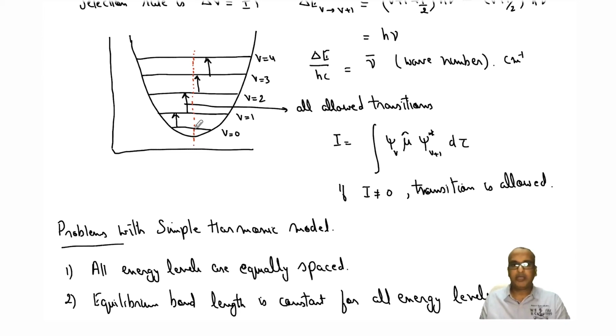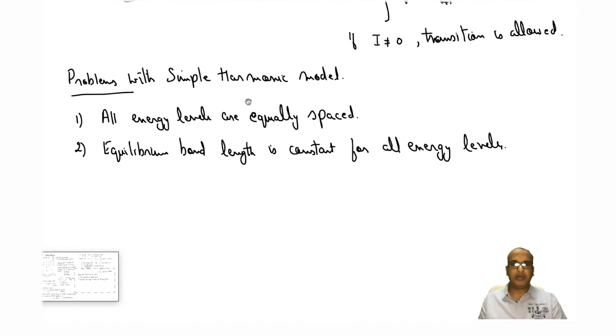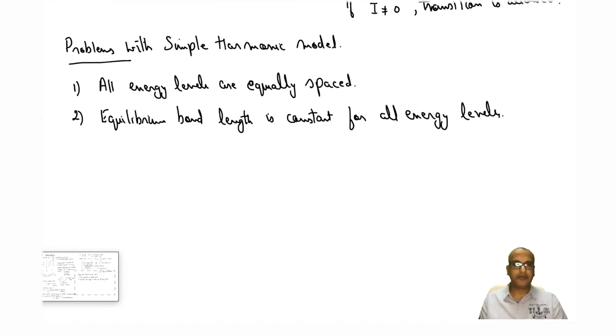At v equal to 0, or at a particular stretched state of a bond, my R0 is here. If I extend my bond, my equilibrium bond length is still the same, which does not describe the vibration, because if the vibration is happening, a stretching has happened. So the equilibrium bond length should change, right? The simple harmonic model does not explain that.